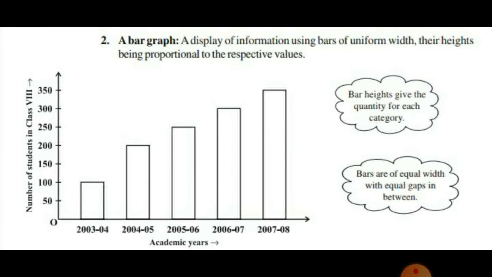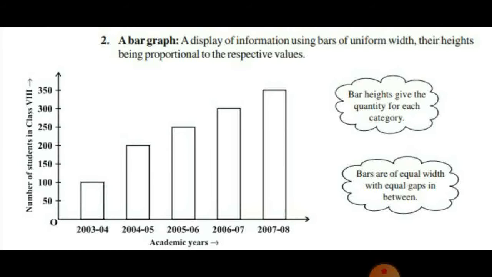On the horizontal axis, academic years are shown, and on the vertical axis, the number of students in class 8 is shown. Bar heights give the quantity for each category, and bars are of equal width with equal gaps in between.